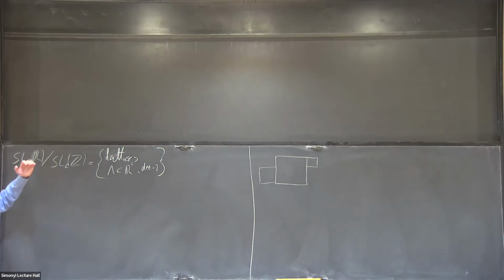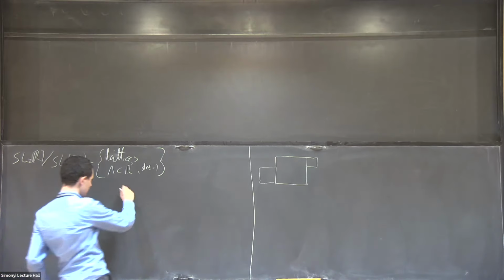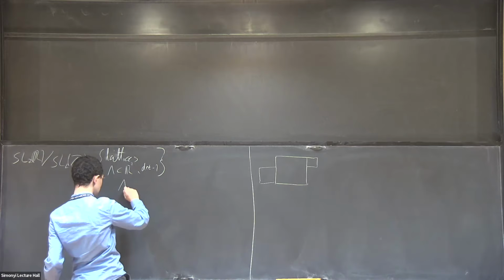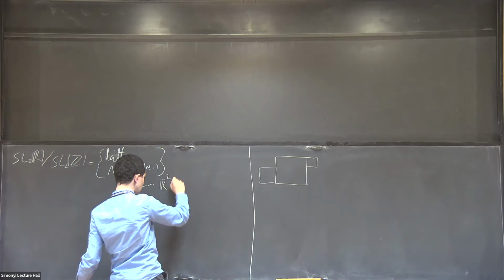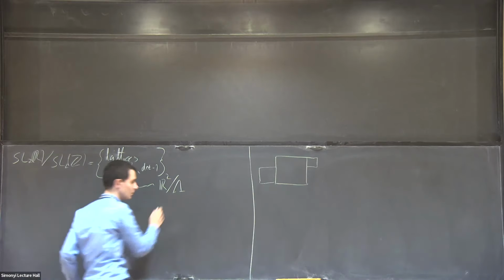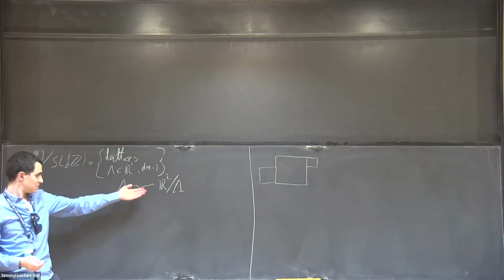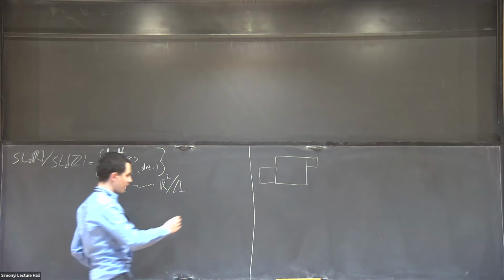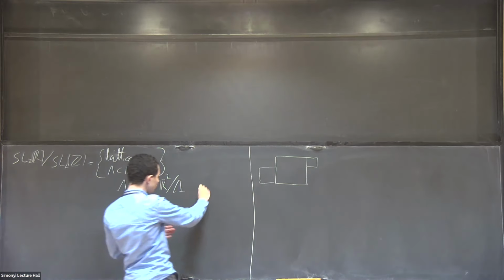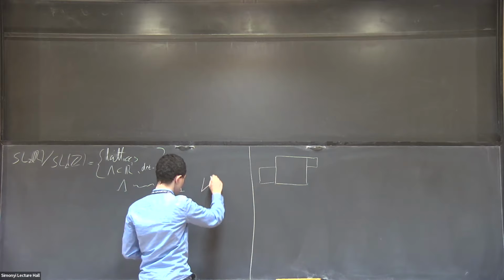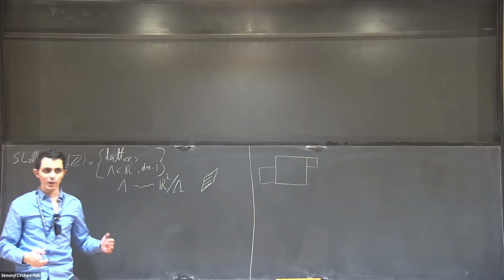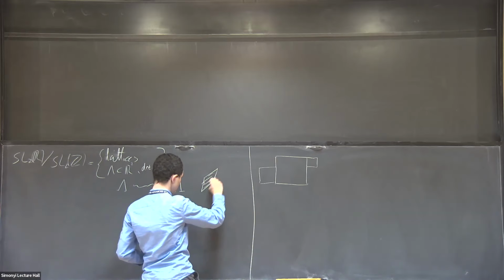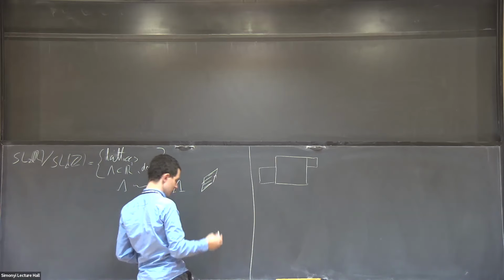A different perspective to this space is if we take a lattice lambda and relate it to the torus R2 mod lambda. Now this is a torus, and we can think of a torus as a parallelogram when we identify the opposite edges.